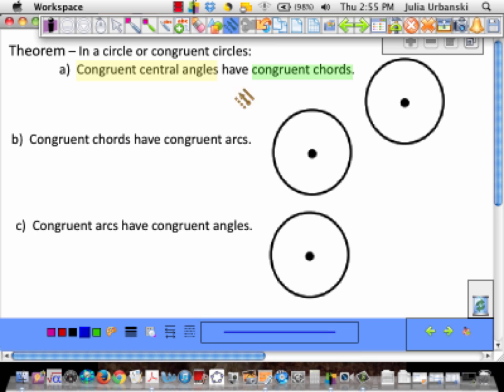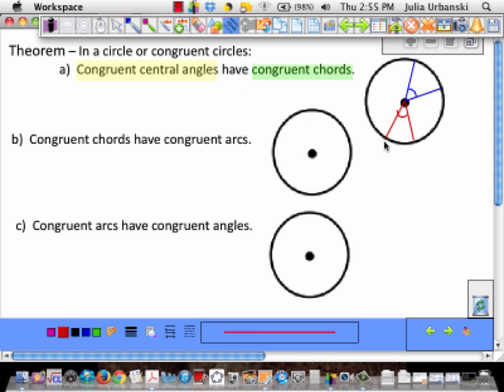If you have two central angles like this one right here, and if you have, say, a red one, remember the central angle means that the angle is right on the center of the circle. If you somehow are told or are given that this angle is congruent to this angle, then the rule says that means that the chords within those angles are also congruent to each other.